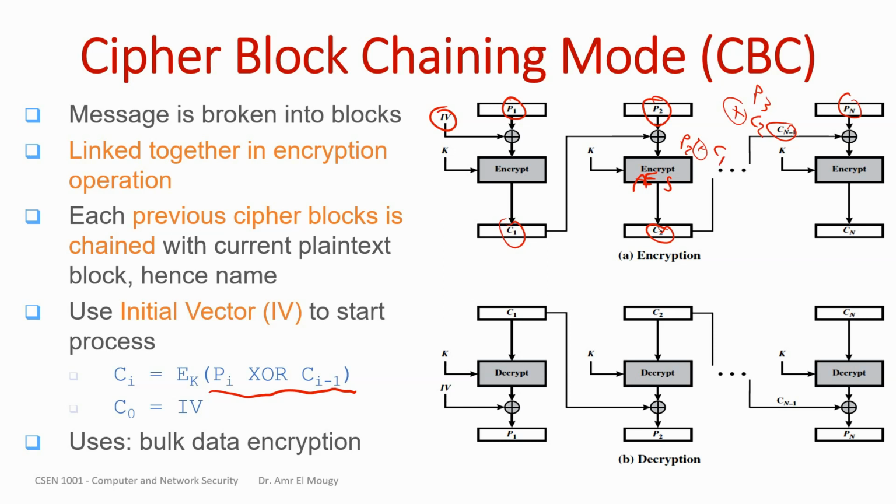And the initial value has to be chosen in a secure way. It does not necessarily have to be a secret value, although in some applications it has to be. But sometimes, for example, it has to be unpredictable, so that an attacker would not be able to guess it and cause problems in the encryption. Usually what we say is you shouldn't use the same initial value and the same key several times.